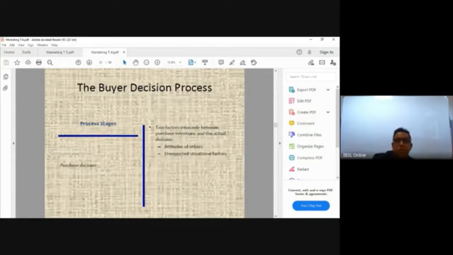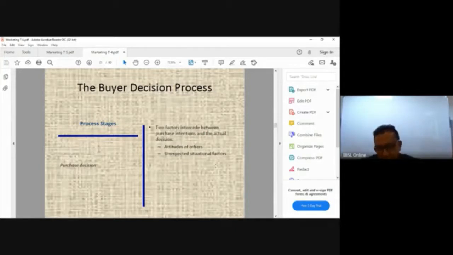Two factors intercede between purchase intentions and the actual decision: the attitude of others and unexpected situational factors. Even if you have a higher score, Kotler says, at the final moment somebody can change your decision. Somebody might come and tell you, no, don't buy that brand. According to your evaluation you have decided on a particular brand, but your close friend says, no, don't buy, it has some of these issues.